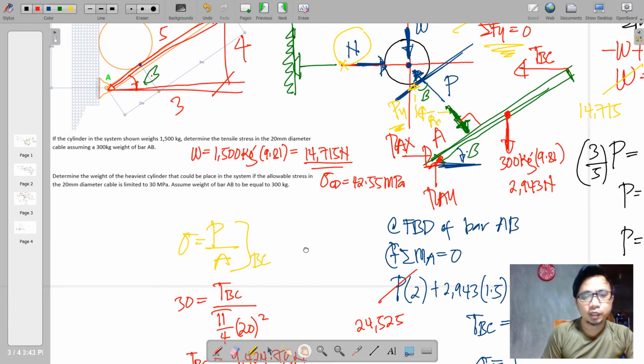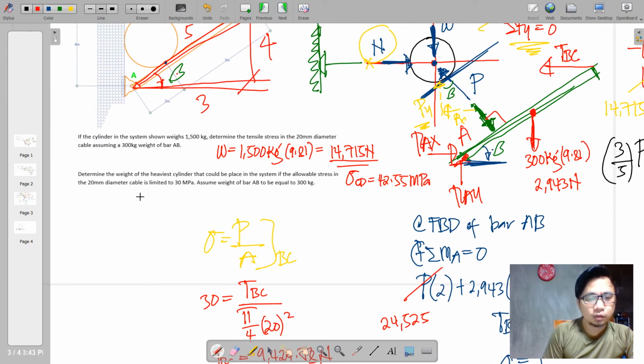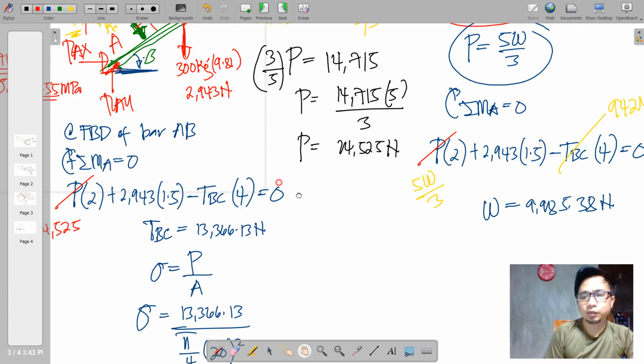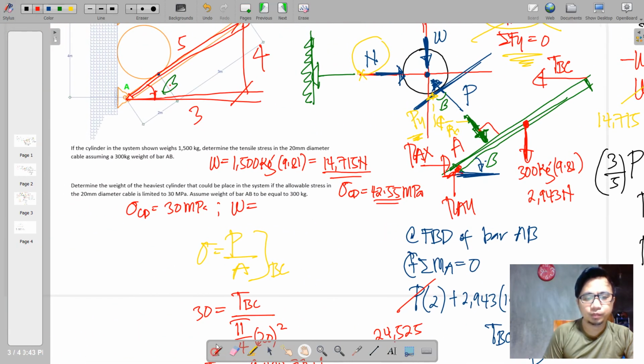Now, for the second unknown, we have set the sigma to be equal to 30 megapascal. So remember, 30 is less than 42.55. Therefore, it is expected that W will also have a lower value than 14,715. And the computed value for W was 9,985.